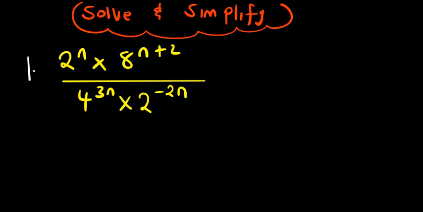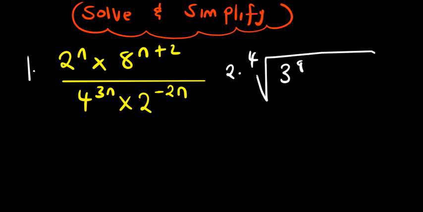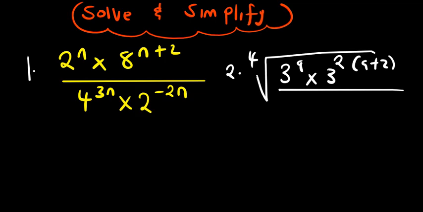Number 2, you can solve the fourth root of 3 to the power a times 3 to the power 2a plus 2 over 3 to the power a plus 2.